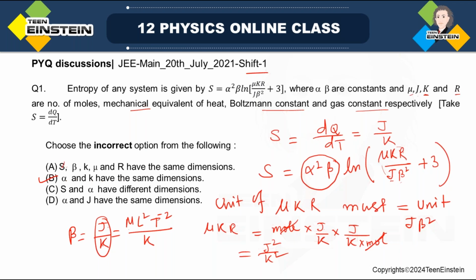So this option says S, beta, K, mu. This is obviously... This S, beta, mu, R have the same dimensions. Choose the incorrect option.